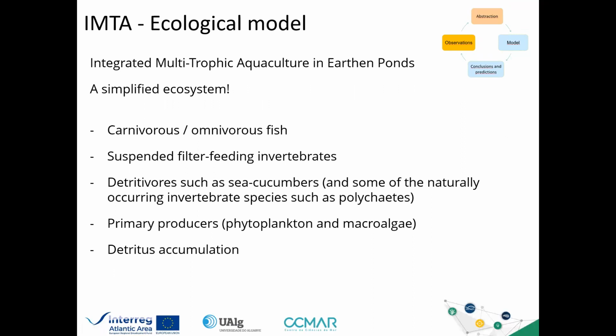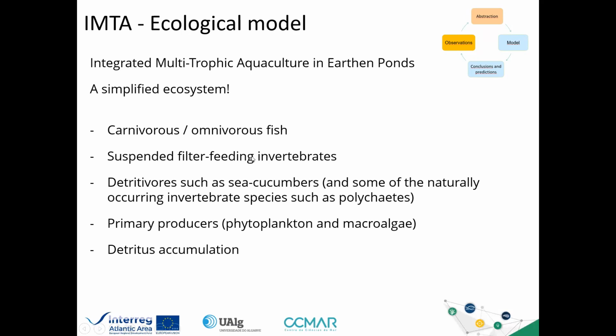As I told you, models are always a simplified version of the real world. The IMTA, or integrated multi-trophic aquaculture, has the advantage that it can be considered as an ecosystem, but a simplified version of an ecosystem, where we have different trophic levels.